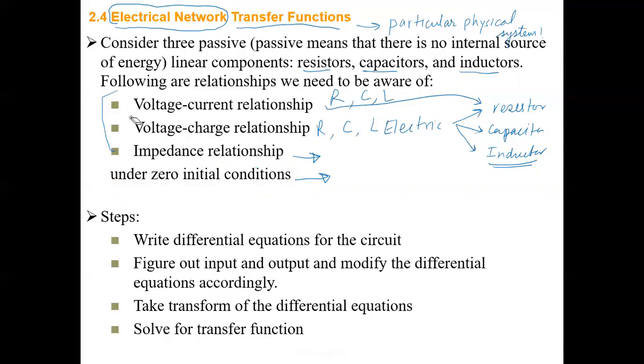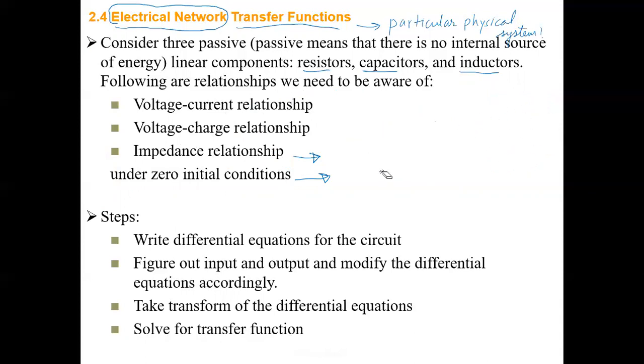You already know this, but I want to refresh your memory. What is the voltage current relationship in the case of resistor? V equals IR, right? Similarly, in the case of capacitor, what is the voltage current relationship? Inductor, what is the voltage current relationship? I'll give you the table for that. Everything I have in a table.